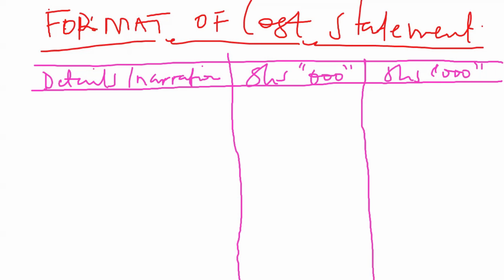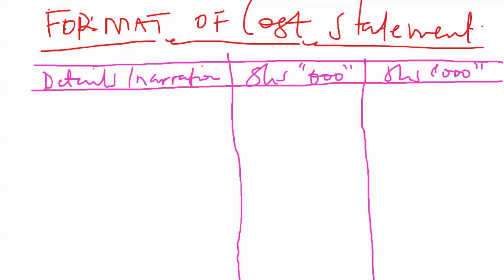Secondly, don't use a ruler here to draw these lines. This is not financial accounting. You just have to put in the figures in an orderly way, not just by using rulers and all that. So to draw these columns, you can just use your natural eyes.